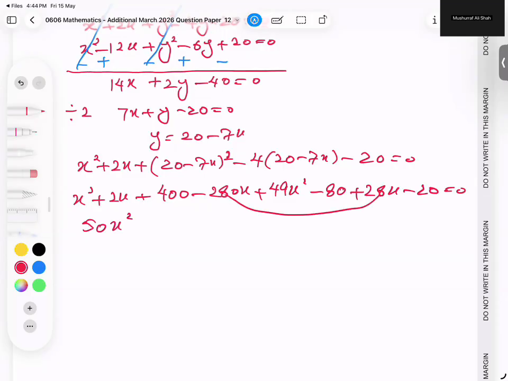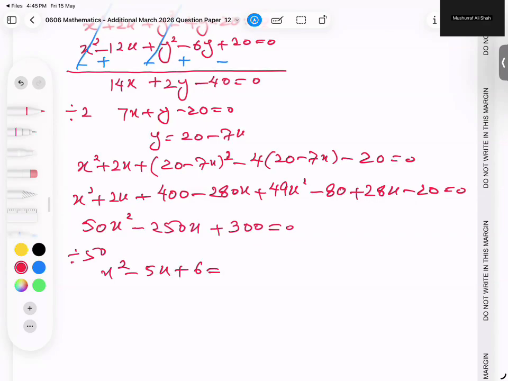And this, if you just subtract, because 280 and 28 gone. Let me check. No, we have a 2 also. We have 30. So from 280, 30 gone. So 250. Now, student, this becomes 100 out of 100 is 4. So we got 300. Divide by 50. So I'm getting x squared, 0, 0 cancel, we got 5x, so we got a 6.